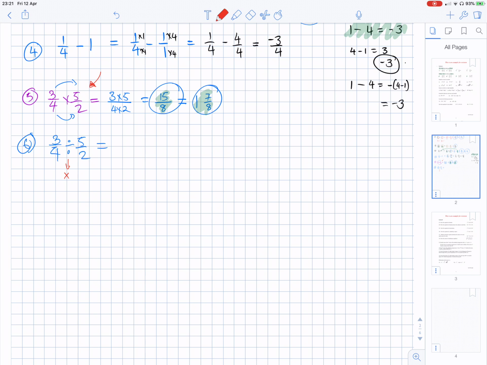And then if you're going to change the division sign to multiply, you're going to flip this fraction from 5/2 to 2/5. So that basically becomes 3/4, the division becomes multiply, and the 5/2 becomes 2/5.